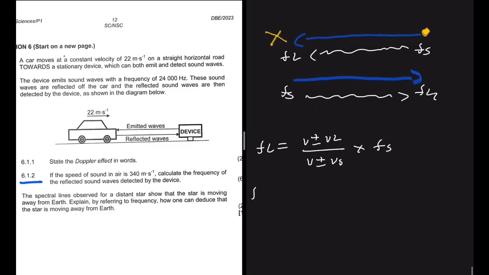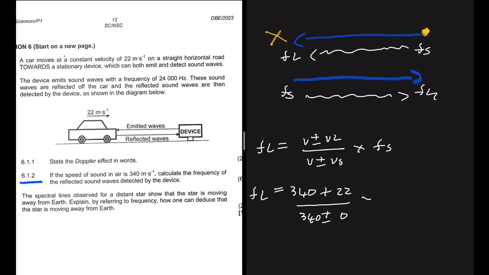So the frequency observed by the listener, or the frequency that strikes our vehicle, will be equal to 340, and our listener, our vehicle, is moving towards the device. So we have plus the velocity of our listener, which is 22 meters per second, divided by 340 plus or minus the velocity of the device, which is 0, because it is stationary.